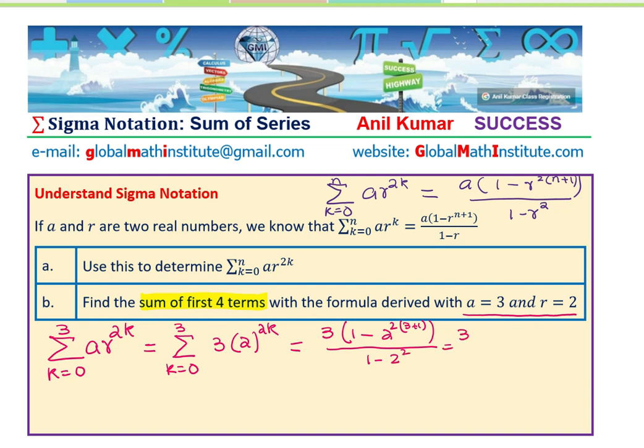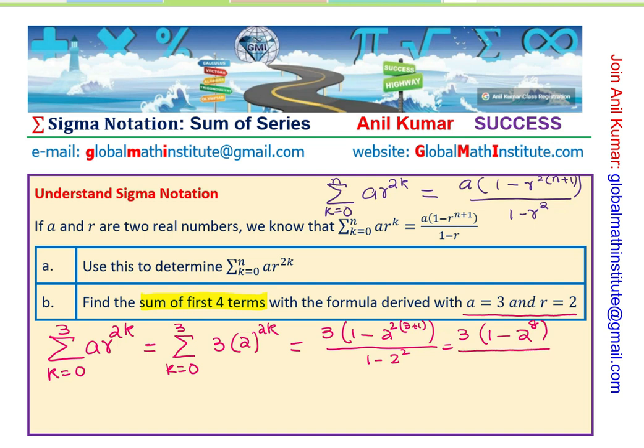So we get 3 times 1 minus 2 to the power of 4 times 2, which is 8, and in the denominator 1 minus r square means 1 minus 4, correct? Now you can use the calculator. Let's do this calculation. It comes out to 255, right? Perfect.